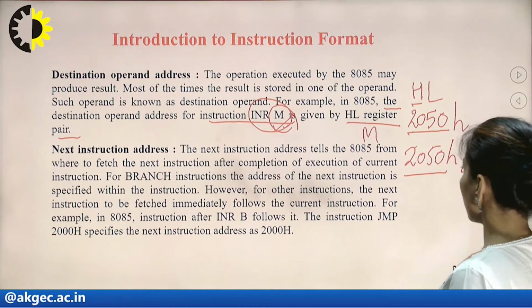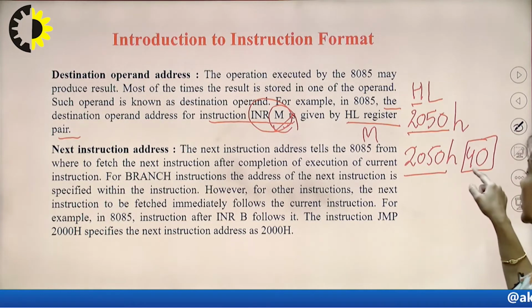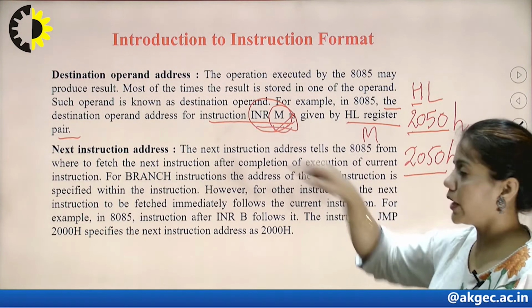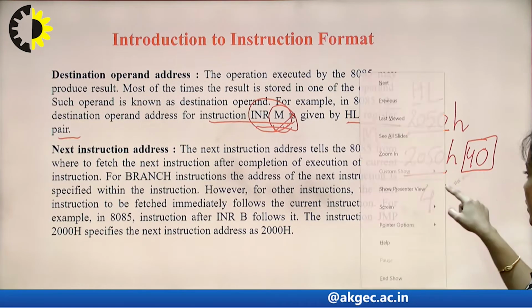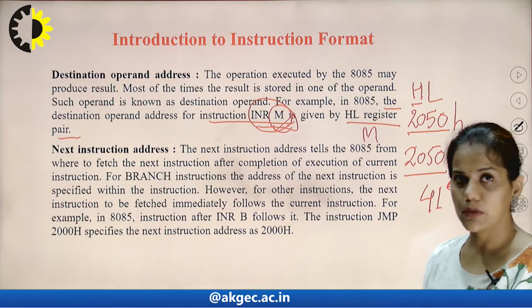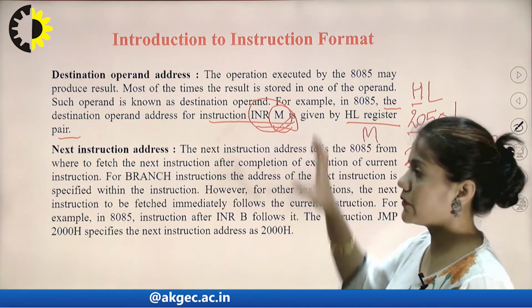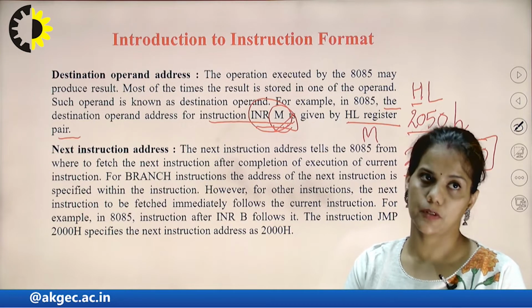This is the memory location pointed to by 2050, and it contains 40. Now what will INR M do? INR M will increase the value of this by 1, so it will go to 41. That means M gives the memory location, or the address, pointed to by the HL register pair.